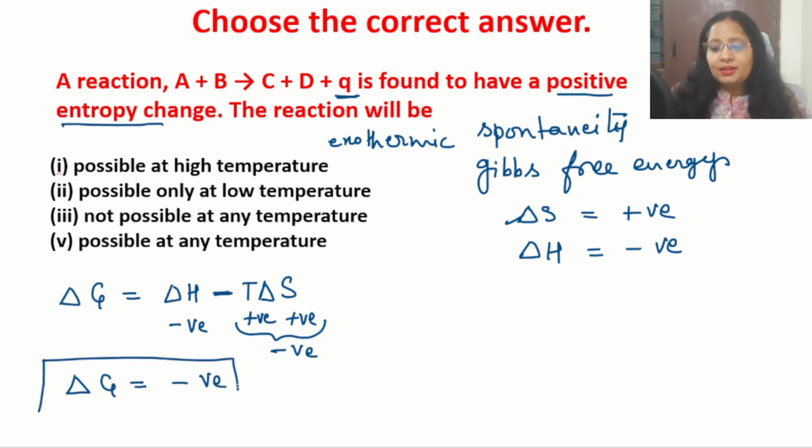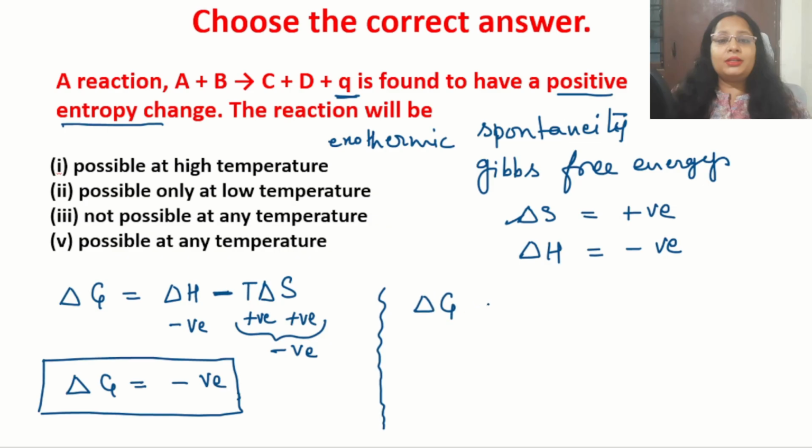We are not working on the values, we are working on the possibilities. So in this case delta G value should be negative, and we already studied that for a spontaneous reaction, if delta G is negative, the reaction is spontaneous at any temperature.